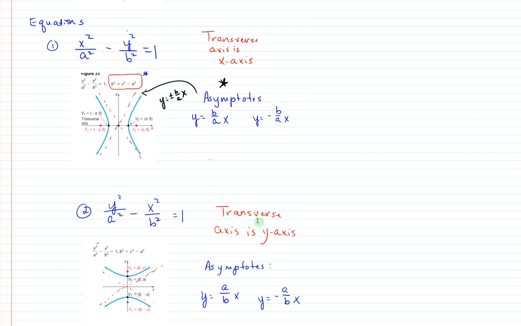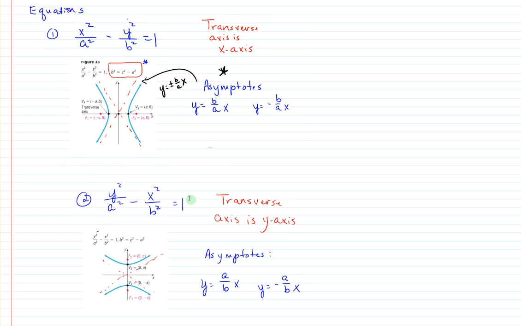Now, if the transverse axis is y, then the x and the y switch places. Remember, with the ellipse, the a and the b change places, but in the hyperbola, the x and y change. So if the transverse is the y, then the y squared goes first, and a and b are going to be the same. They're going to be here and here.